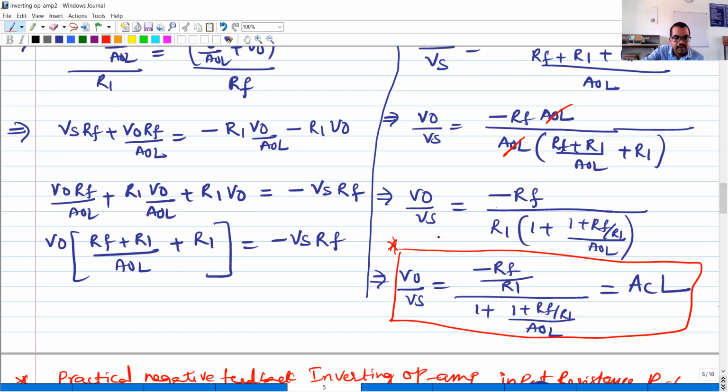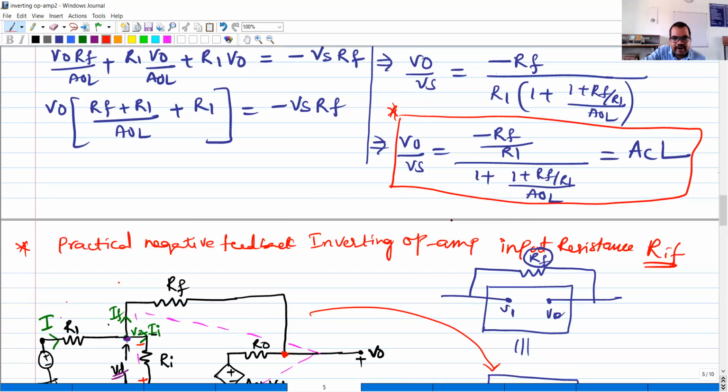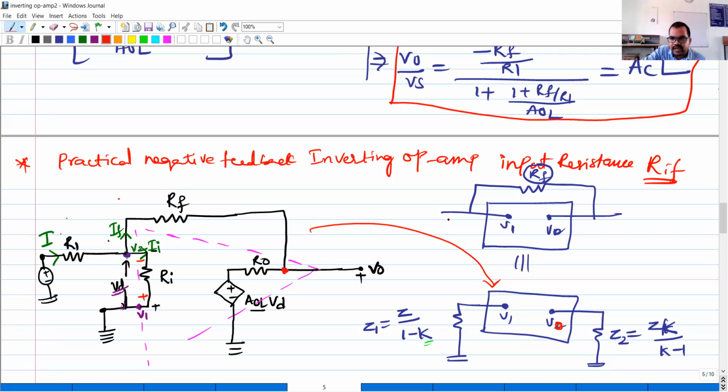Now the second one: for the practical negative feedback inverting operational amplifier, the input resistance we are going to calculate. We already saw the concept of Miller's theorem.